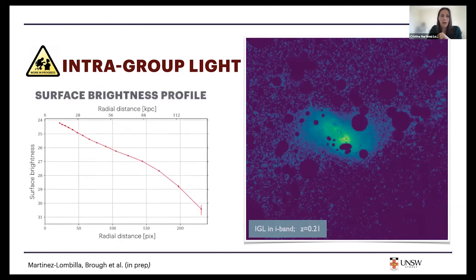We extracted a radial surface brightness profile from the center of the group with reliable detection of the IGL up to 140 kiloparsecs. The profile shows that the IGL can be detected below 26 magnitudes per arcsecond squared, as expected. And actually, this IGL detection is reliable down to our surface brightness limit, which is a very, very good sign.